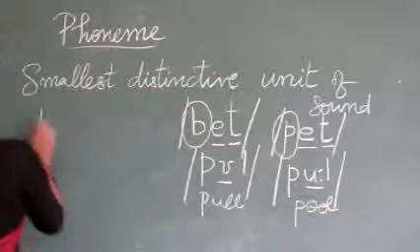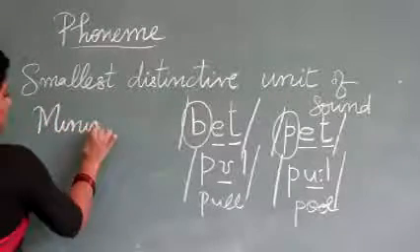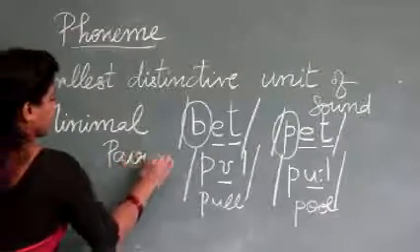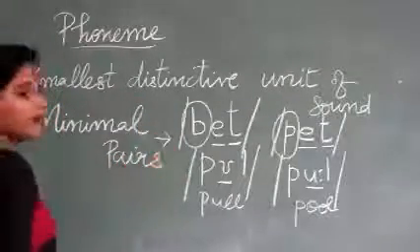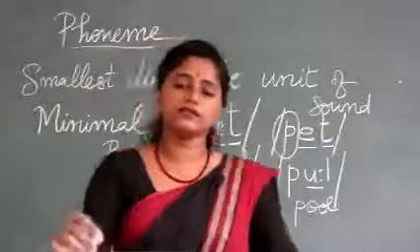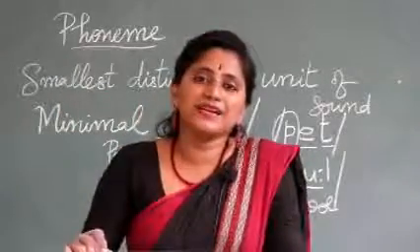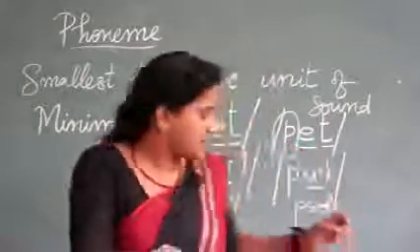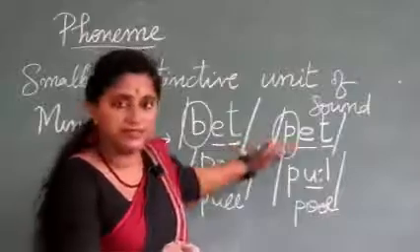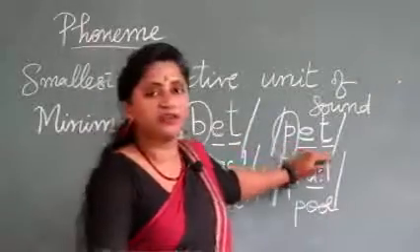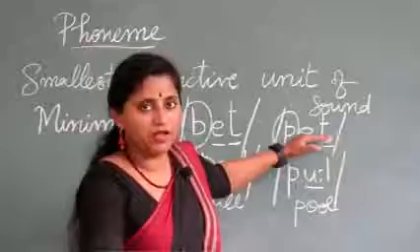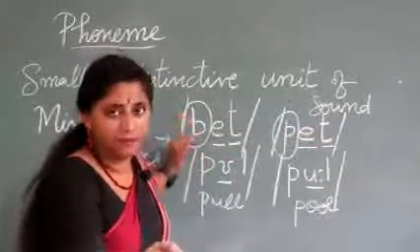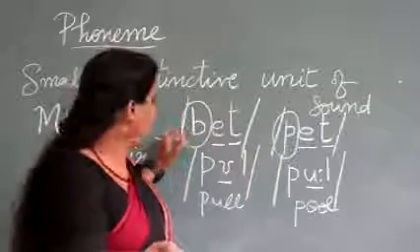Okay, what is it? Minimal pairs. Why are they called minimal pairs? Because there is only a minimum, a slight difference between these two words. In the case of bet and pet, the remaining sounds are the same. Only one slight difference is made to one particular phoneme, a consonant sound in the first case.